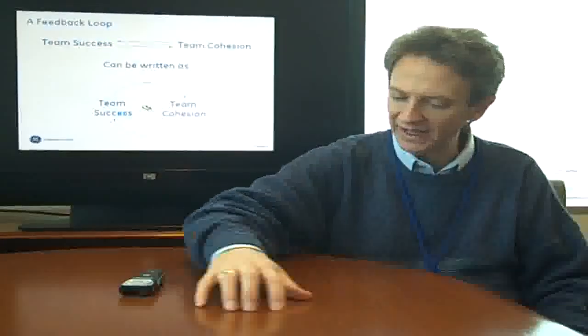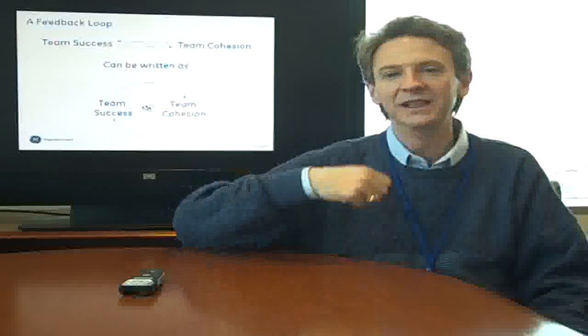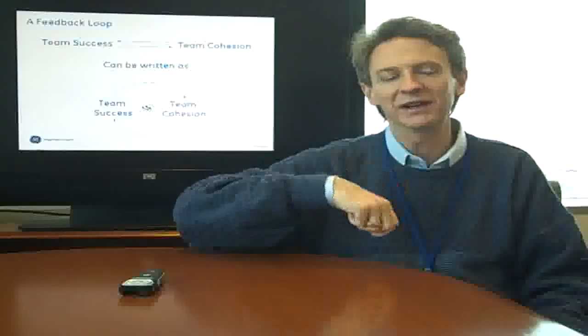And could a more cohesive team have a better chance of being successful? And then that feeds on itself in a positive, reinforcing feedback loop. And the answer is yes. So this is a snowball rolling downhill, a reinforcing loop in this case, where the team gets more successful, more cohesive, more successful, more cohesive over time.